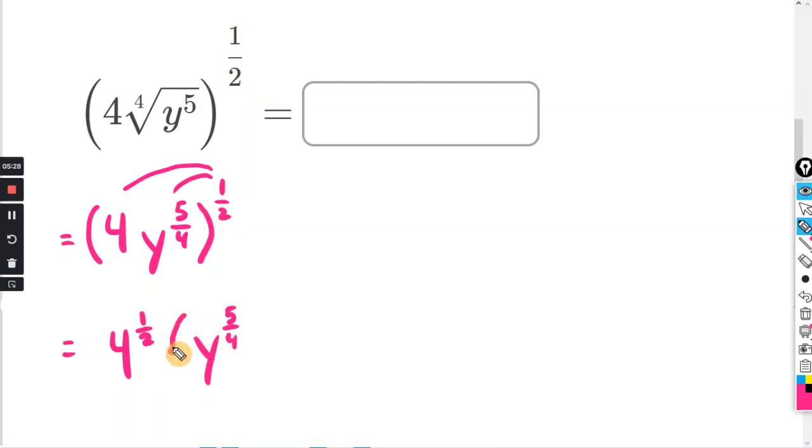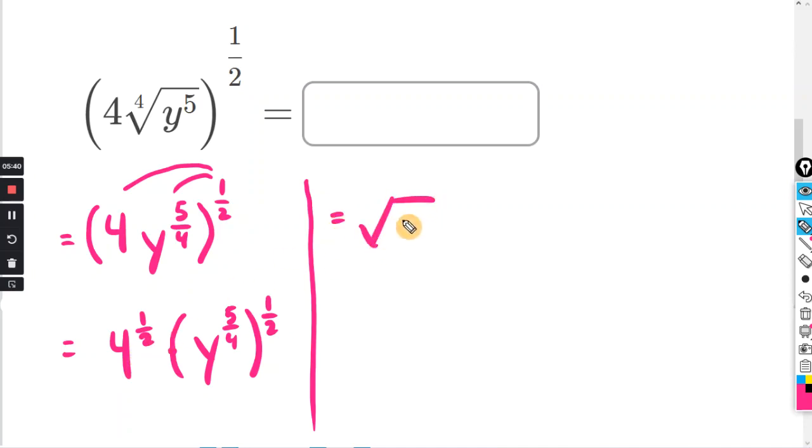I'm going to use parentheses on that. 4 to the 1/2 is equivalent to the square root of 4. And with the y, you just multiply the exponents. So we have a y, and multiplying the numerators, 5 times 1 is 5, and denominators, 4 times 2 is 8.